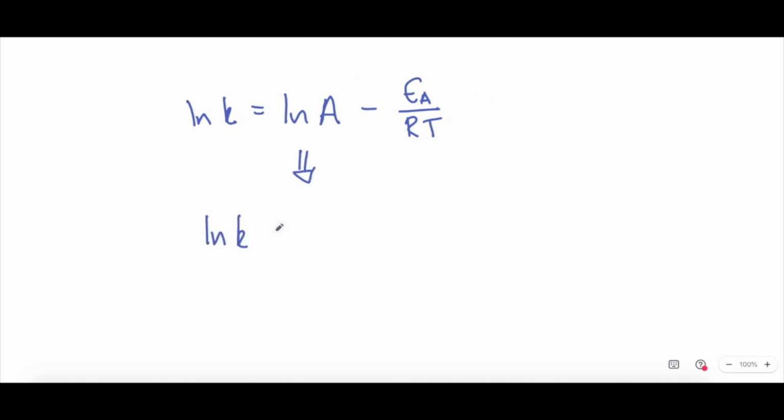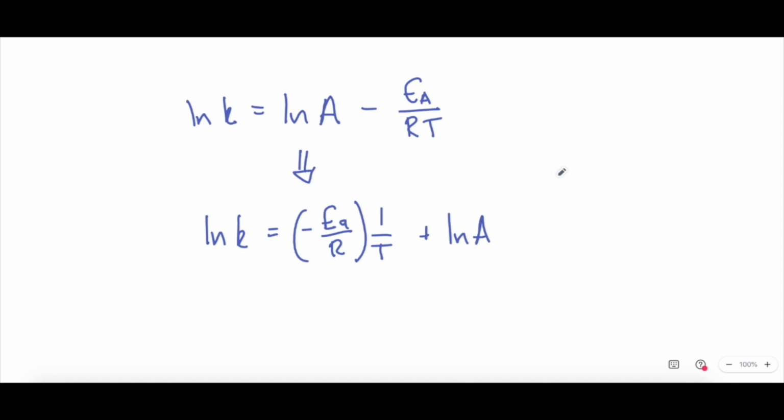So it's going to be ln k is equal to, and what I'm going to do is separate out the activation energy and R from the T. So what you can rewrite the second term as is Ea over R with a minus in front, times 1 over T. So you can open out these brackets and you should end up with the same thing. And then the ln A you just add on at the end. So what you've got here is just the same equation but written in a specific way.